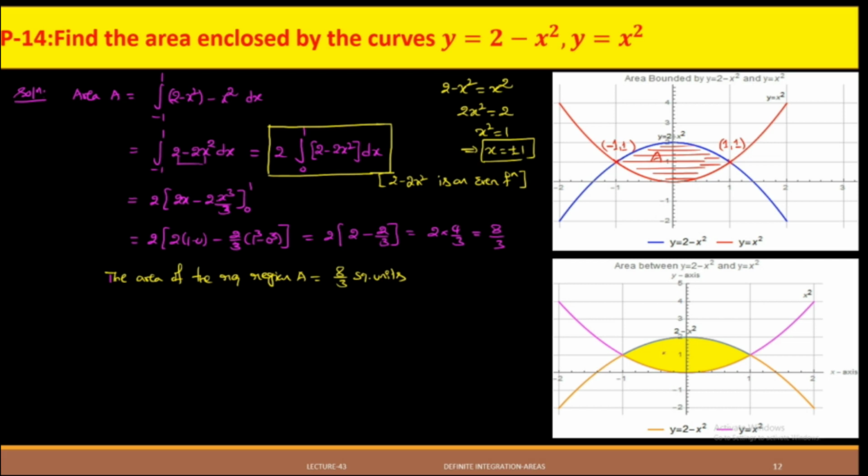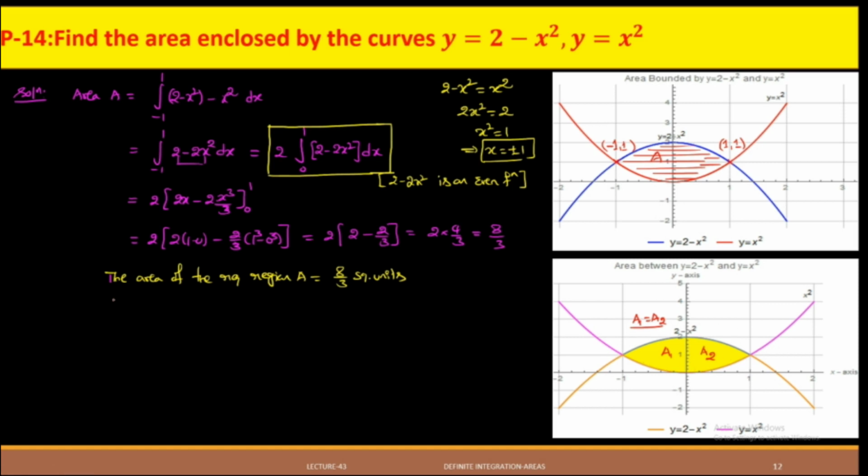So in the graph, if I split it into two parts, namely a1 and a2, because these two curves are symmetric about the y-axis, the area a1 is equal to area a2. That means we are actually finding this area first.